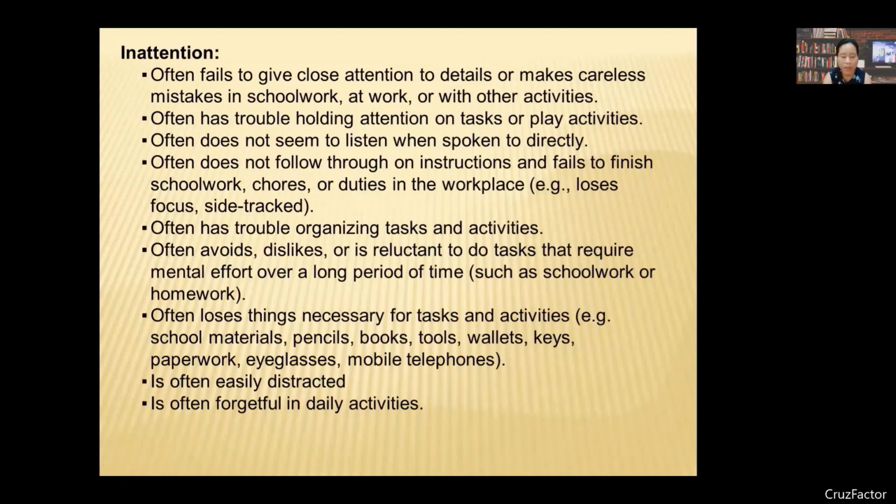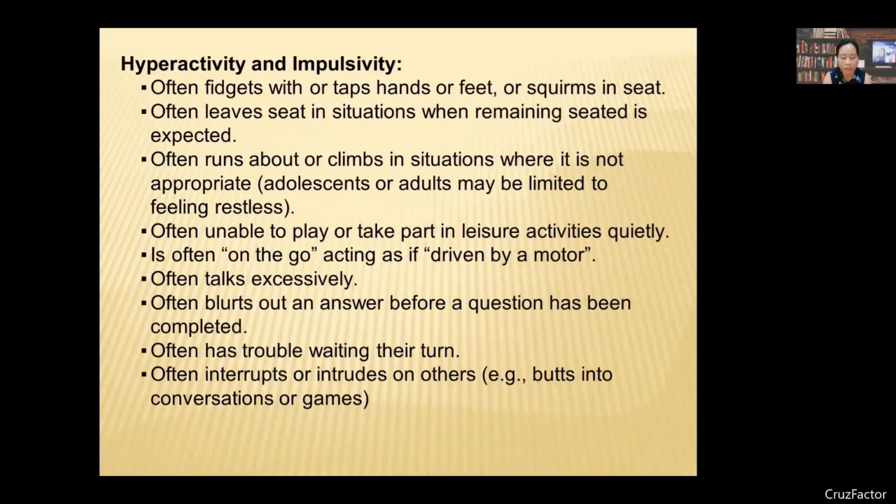Let's talk about hyperactivity and impulsivity. They often fidget with or tap hands or feet, or even squirm in seats. So it is hard for them to sit still. They run or climb in situations where it is not appropriate. They are often restless, full of energy.